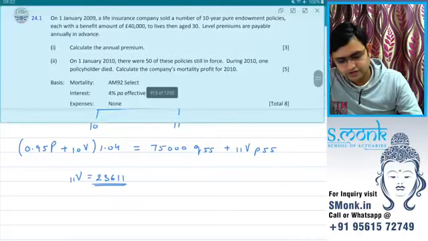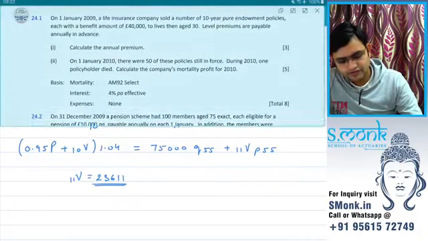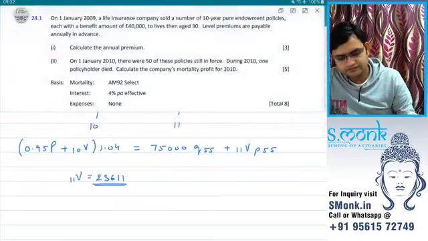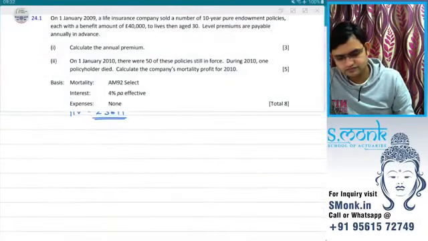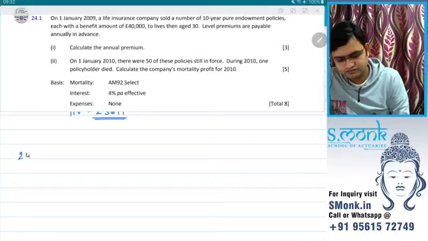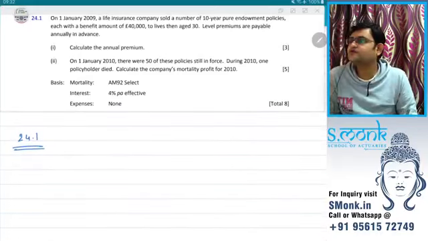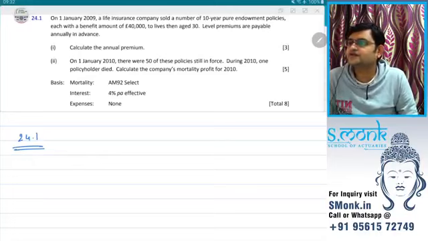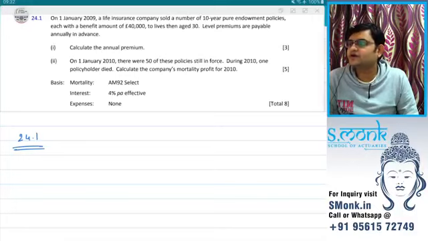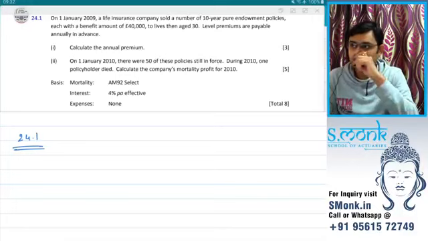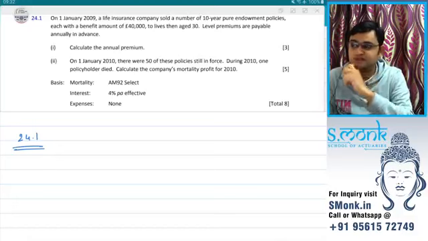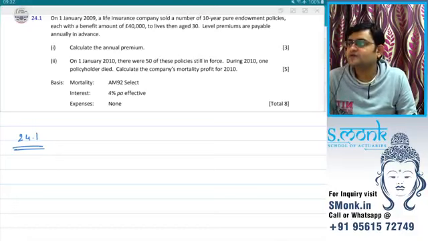So let's see question number 24.1. We have on 1st January 2009, the life insurance company sold a number of 10-year pure endowment policies, each with a benefit amount of 40,000 to life then aged 30. Level premiums are payable annually in advance.